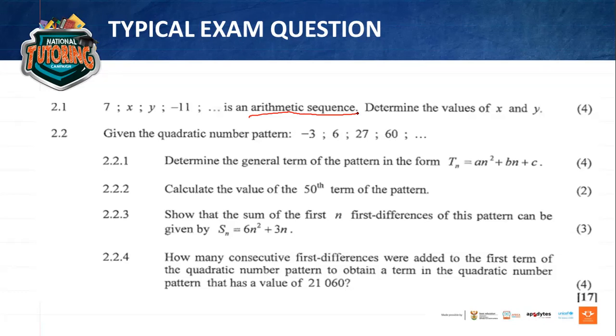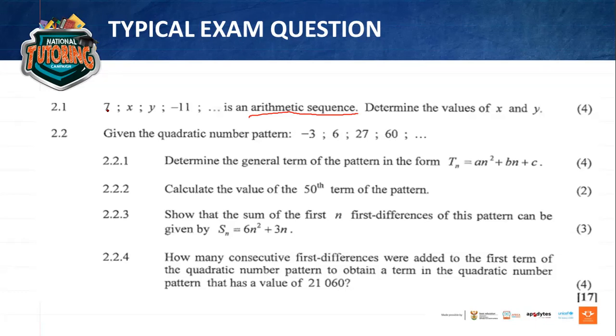But if they have told us, the question becomes even easier for us to work with, because we know the formulas associated with an arithmetic sequence. So in this particular question, you can see we have 7, x, y and minus 11.